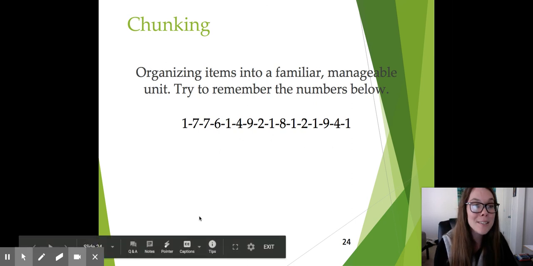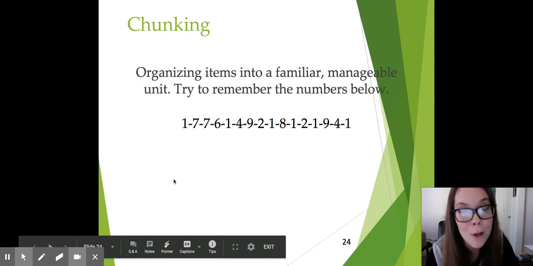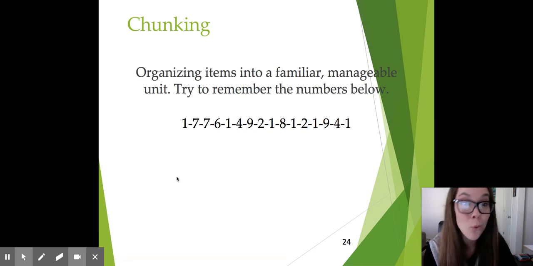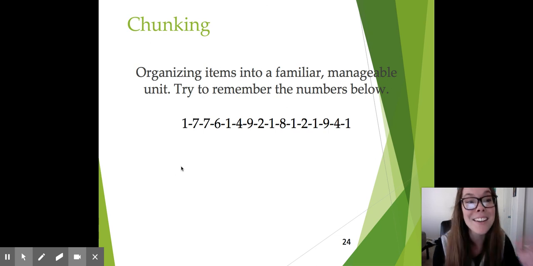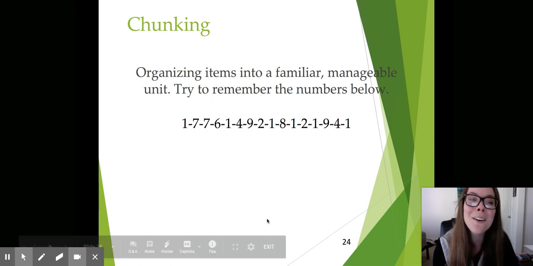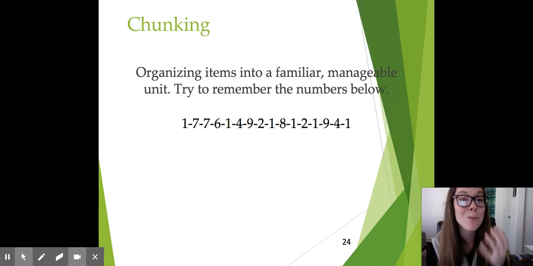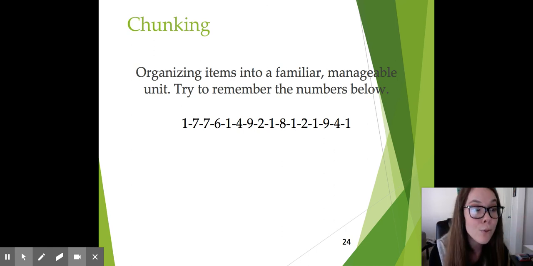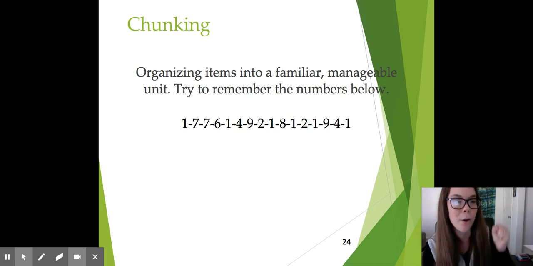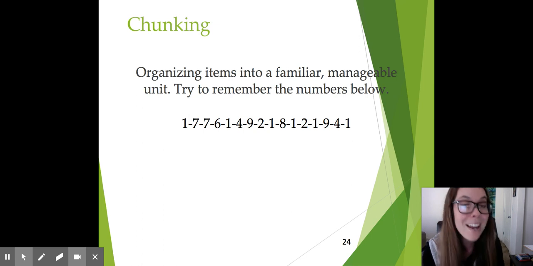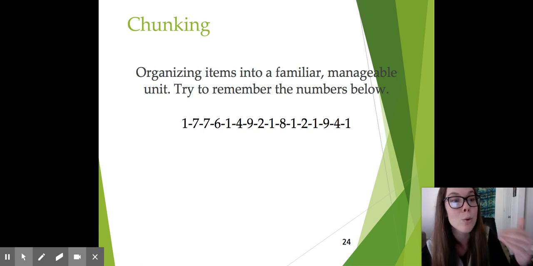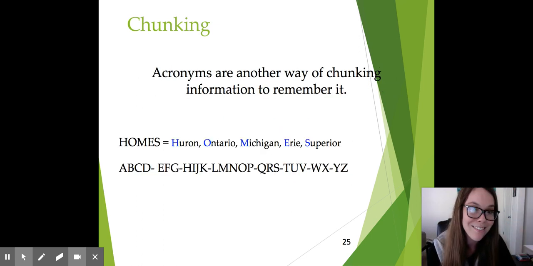So instead of me saying, remember 1776149218121941, I could have you memorize 1776, 1492, 1812, and 1941, right? So we chunk because it helps us remember. If you've ever given your phone number to someone, you do the area code, you pause, the first 3, pause, and then the last 4, right? Because we know that chunking is an easier way to quickly encode information.